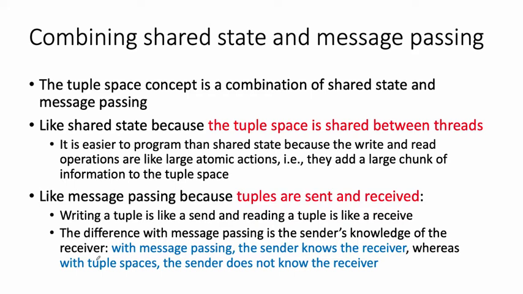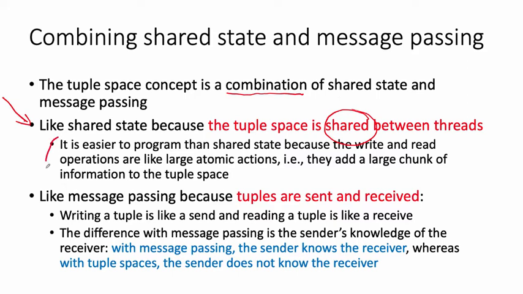A tuple space is actually a combination of shared state and message passing. It's very interesting because it has parts of both of them. Let me explain. Like shared state, it's shared: different threads access the tuple space and do read and write. So this is kind of like shared data.